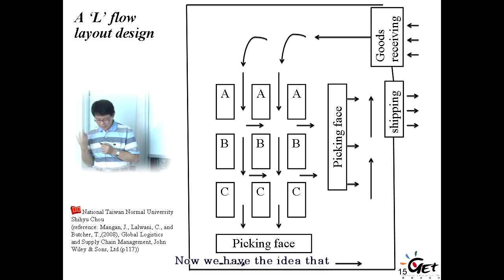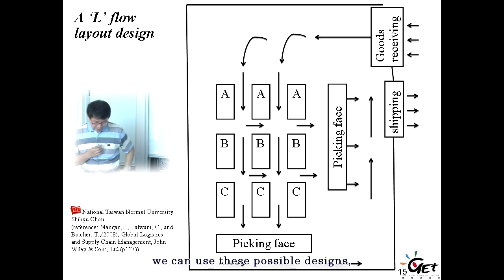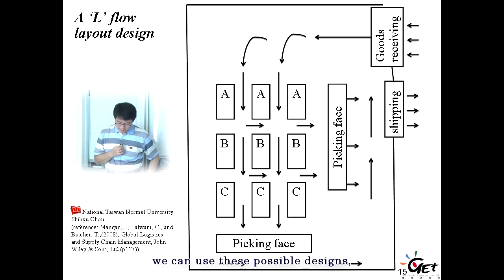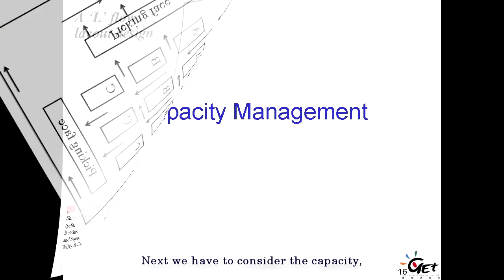Okay, now we have the idea that we can use these possible layout designs for the warehouse based on our needs. And then next, we have to consider the capacity management. Right? You don't like to see a very big, large warehouse where you just use maybe 50% or 60% of the entire warehouse space, right?